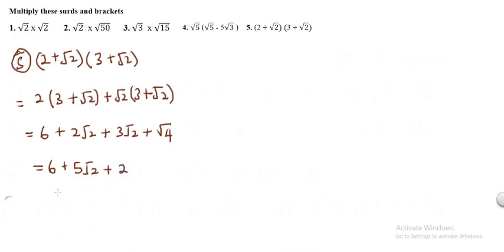Then we pull the numbers together and the surds together. So this will be 6 plus 2, and then plus 5 root 2. This would then be equal to 6 plus 2 is 8, plus 5 root 2. So that's the answer to this problem.